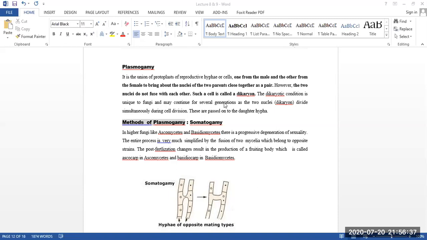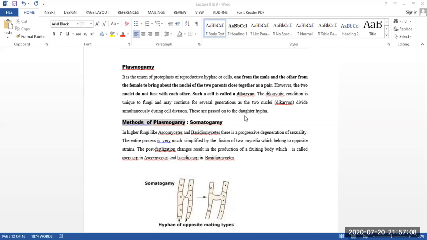The dikaryotic condition is unique to fungi and may continue for several generations. That means if a dikaryon forms, sometimes the nuclei will not fuse with each other and remain dormant in that condition for a long time. Sometimes the dikaryotic condition does not last so long, and then the two nuclei divide simultaneously during cell division and are passed on to the daughter hybrid.